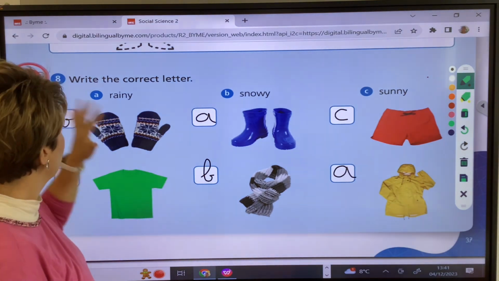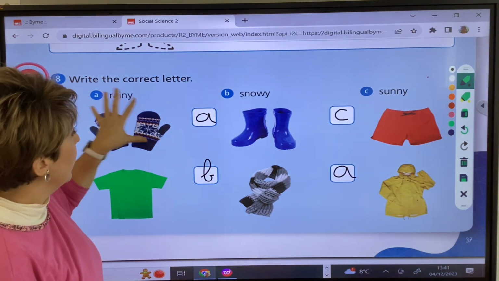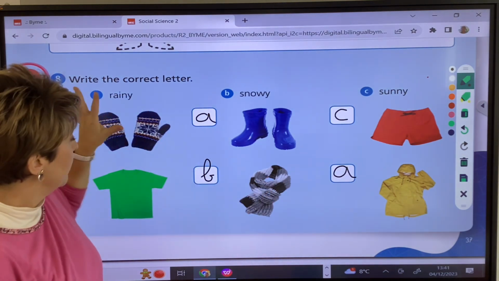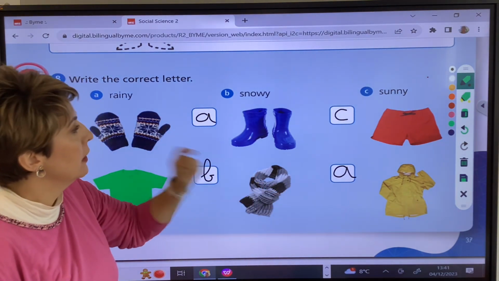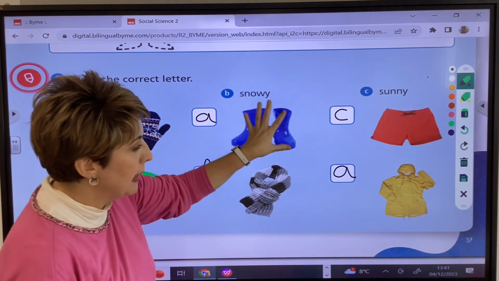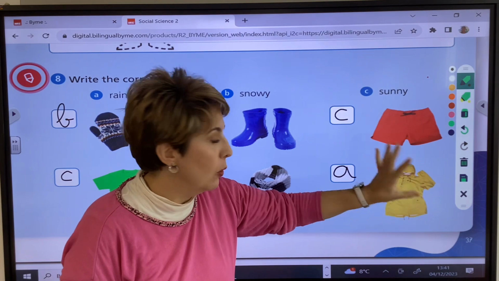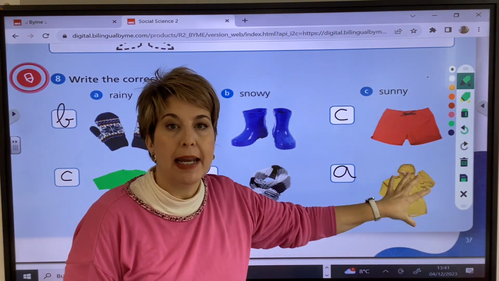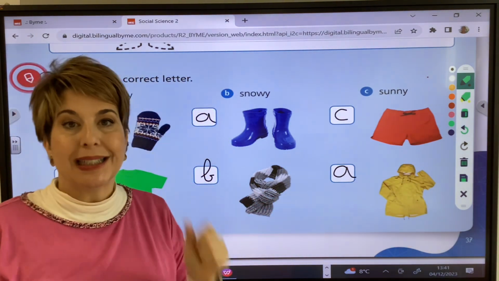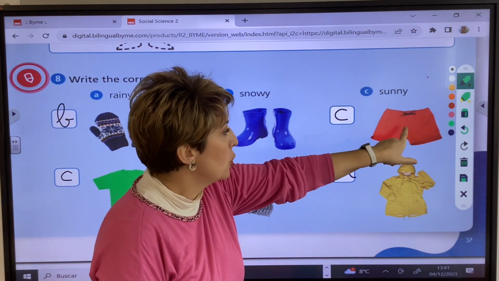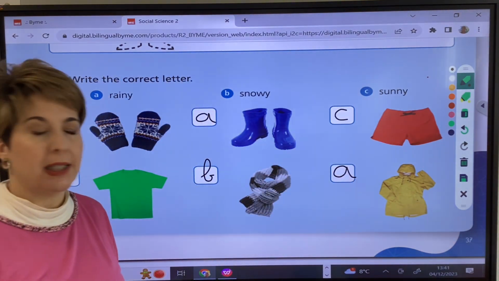So we've got snowy, mittens and a scarf. Rainy, wellies or rain boots and an anorak. Or you can also say a raincoat. And sunny and hot, shorts and a t-shirt.